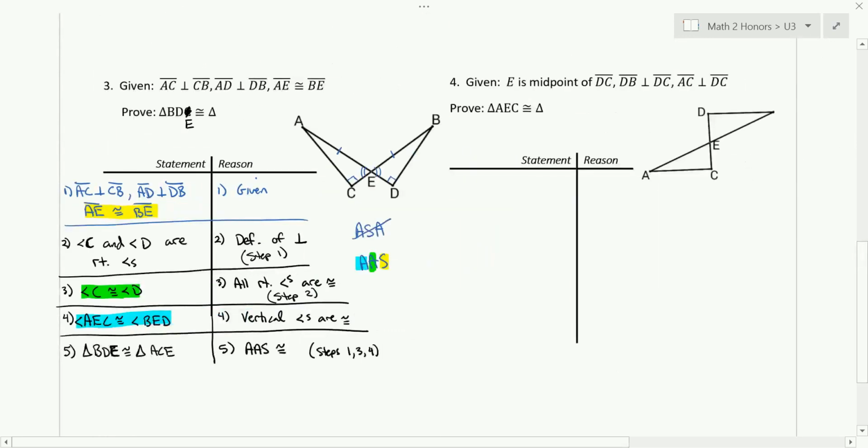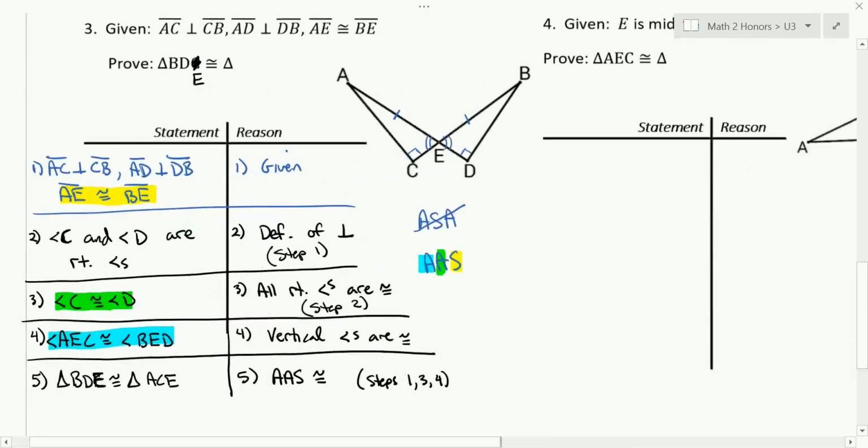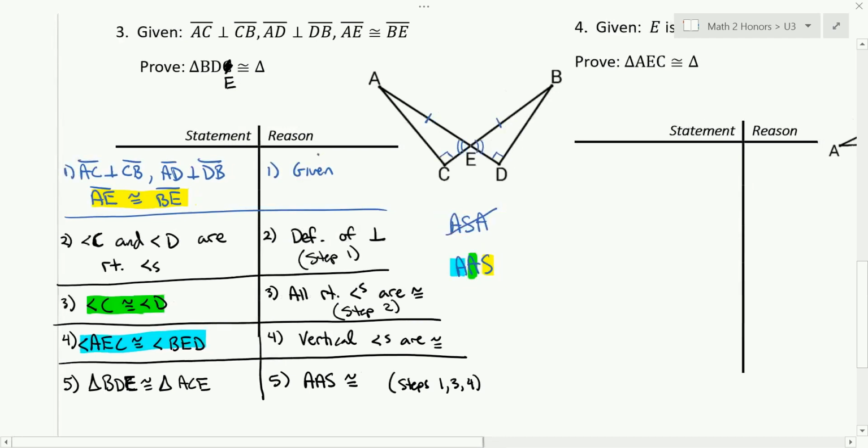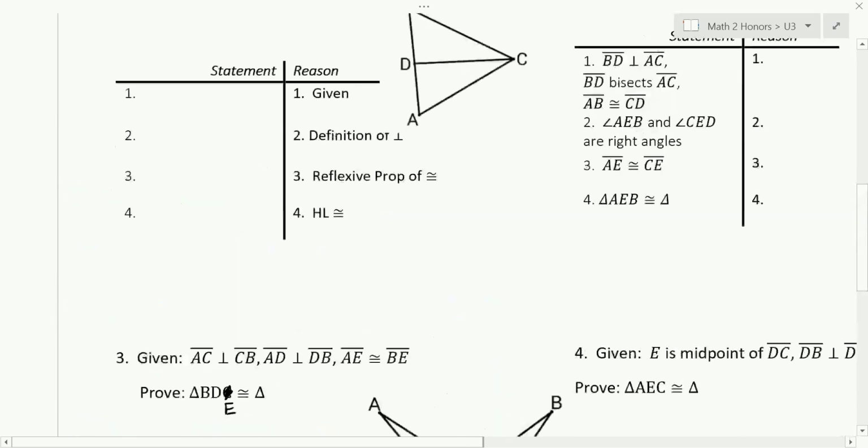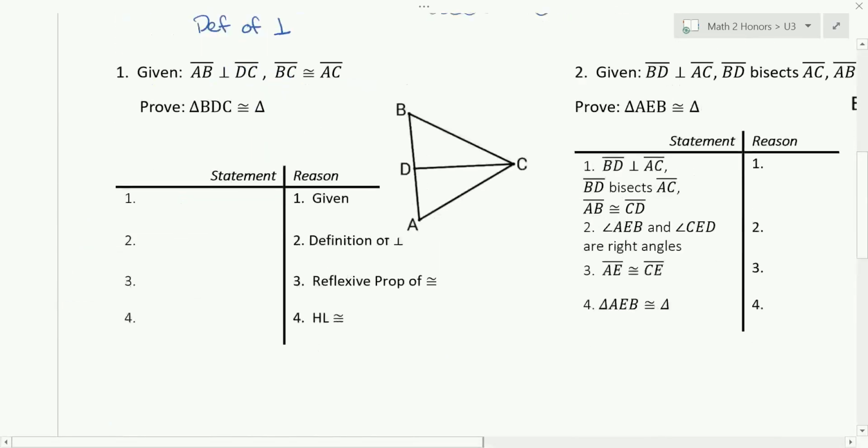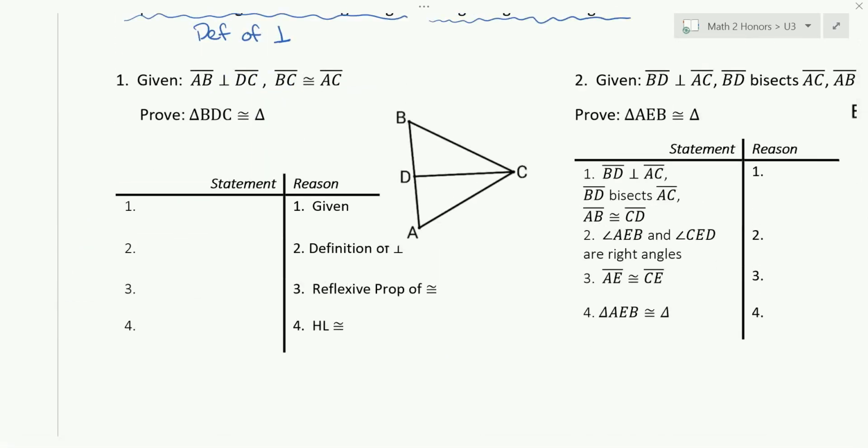So the new part here was really how do we go from perpendicular to congruent angles? And so we had these step 2 and step 3 to do that. Let's go look at number 1. AB is perpendicular to DC. BC is congruent to AC.